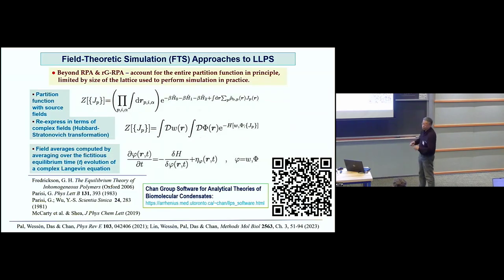Then you use this Langevin formulation and turn it into Langevin dynamics, and then you calculate the average in this time evolution in this fictitious time. For those of you who are interested in applying this method, we do have some software that is publicly available, so you can go to this website, download it, and play around with it.